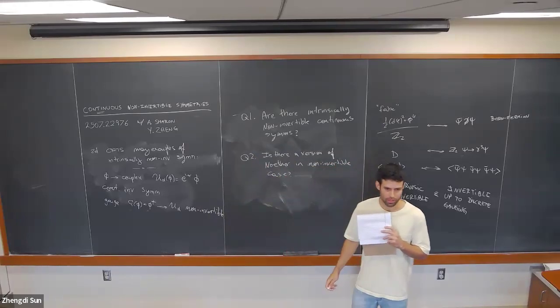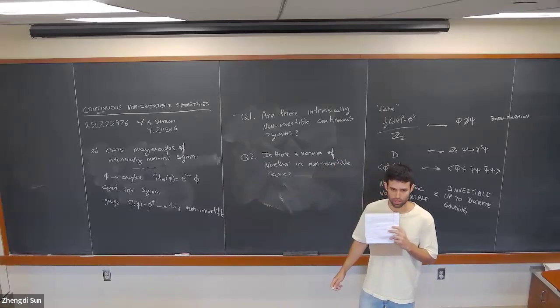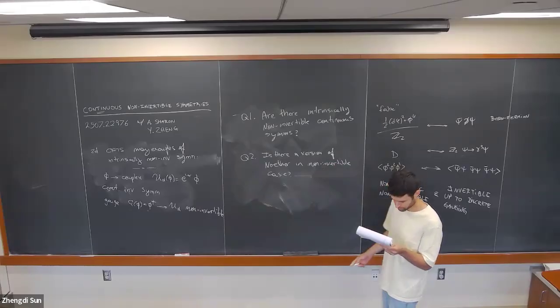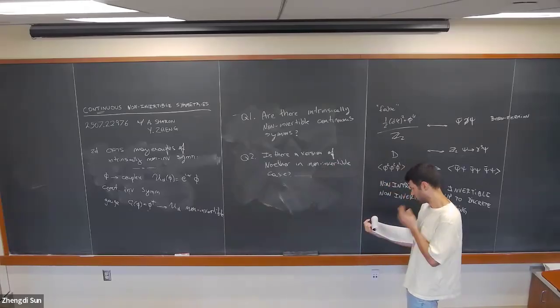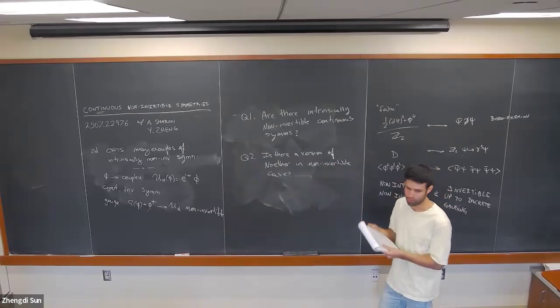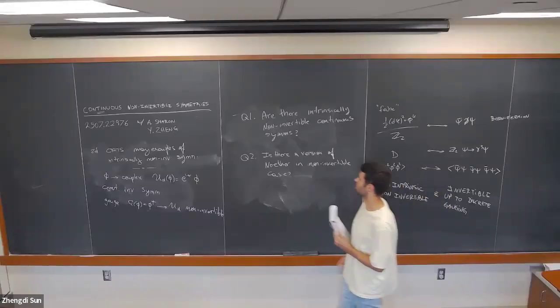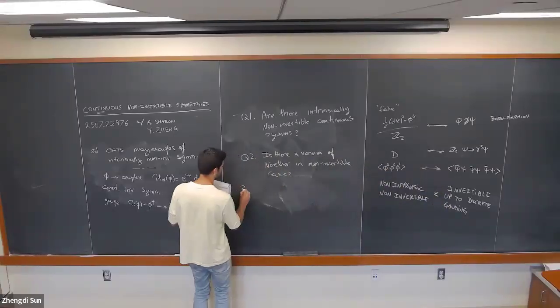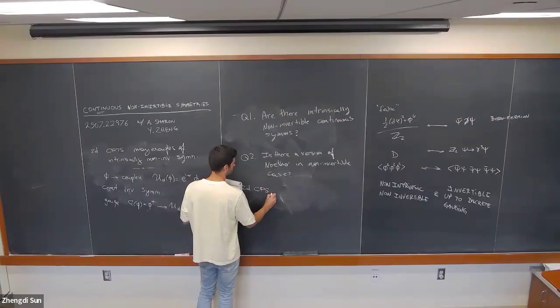Are the questions clear? Is there any question so far? Okay, so let me move on. One thing that I have to say is that so far we only really have answers for 2-dimensional CFTs.